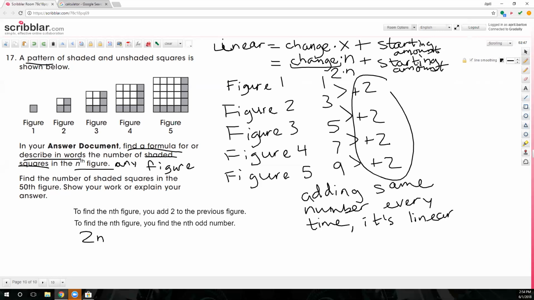So the starting amount can be a little bit trickier. Starting amount would be if we went back and had a figure 0. Starting amount is not 1, it's actually 0. So we have to go backwards. If we went back a figure, what number would we be at?